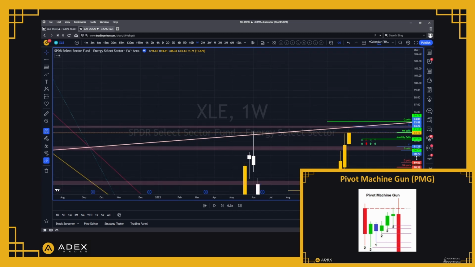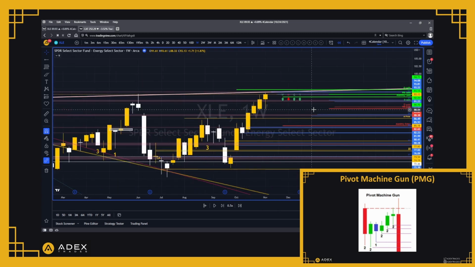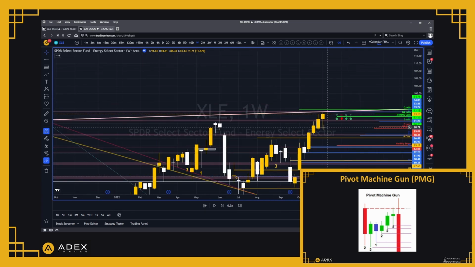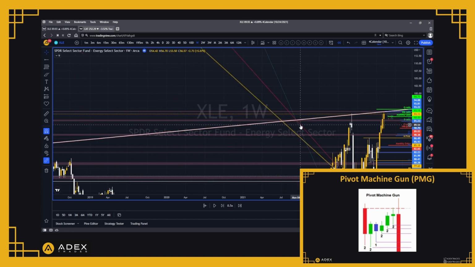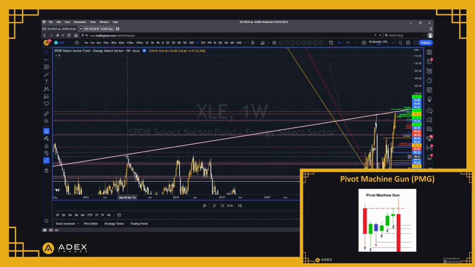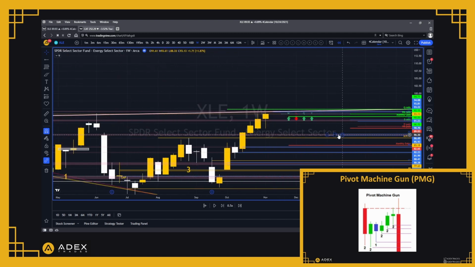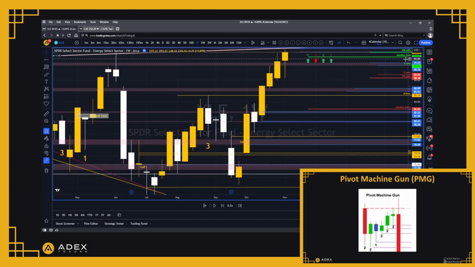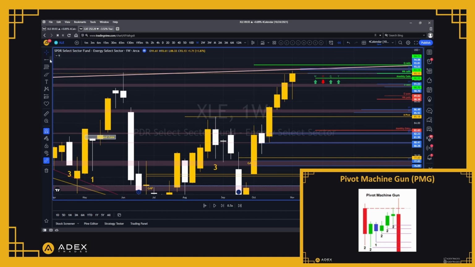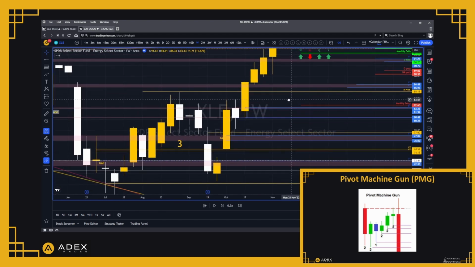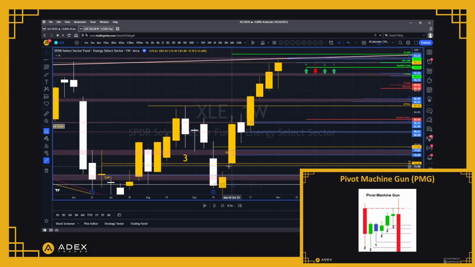So XLE is an example where it led to a possible PMG to the downside. You're getting to the top of the range, right? You have the wicks here, a wick right there, a wick here, a wick here, and you know that this can lead to a possible PMG back down. The reason it could lead to a possible PMG back down is because XLE has been going a series of 2 up, 2 up, 2 up, 2 up, 2 up, 2 up.